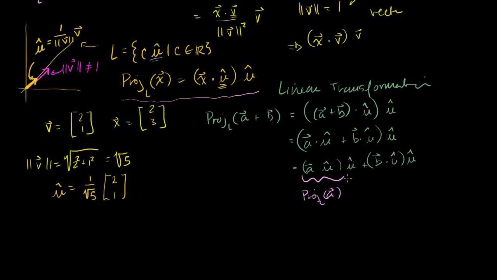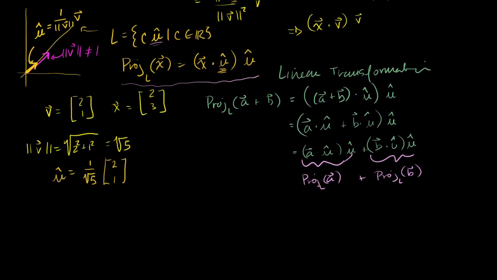And then this whole thing right here is equal to the projection onto L of the vector B. So we see our first condition for this being a linear transformation holds. The projection of the sum of the vectors is equal to the sum of the projections of the vectors.